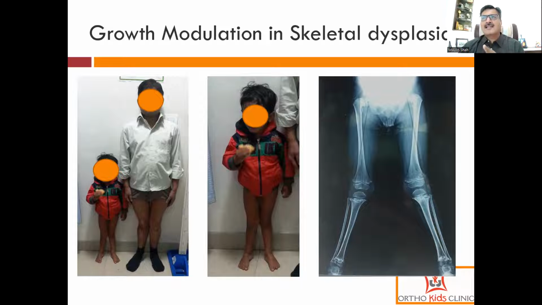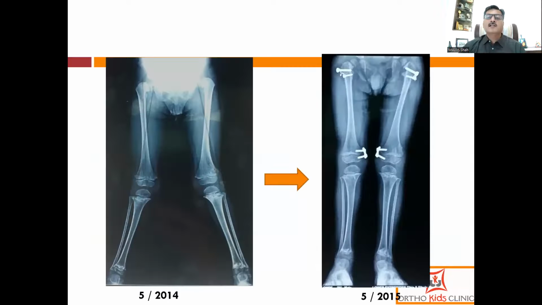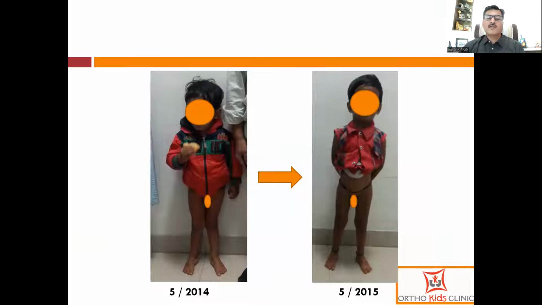But there is a paper recently even in achondroplasia, if you do growth modulation earlier in the course, as it takes longer time to correct, you have to put the plates earlier, then you will achieve the correction. So in this case, I corrected both the femurs as well as the proximal femur with a tension band device and corrected both the deformities simultaneously. And in a year's time, the child got straighter.